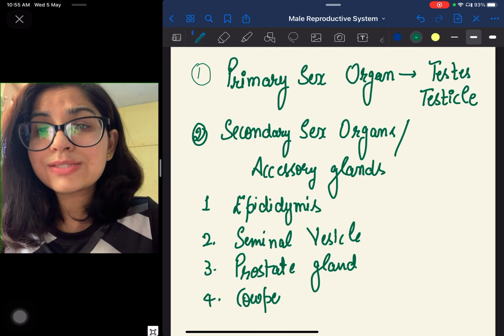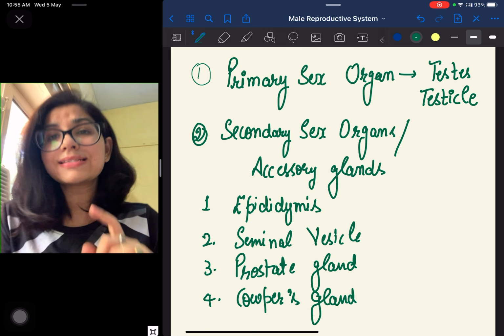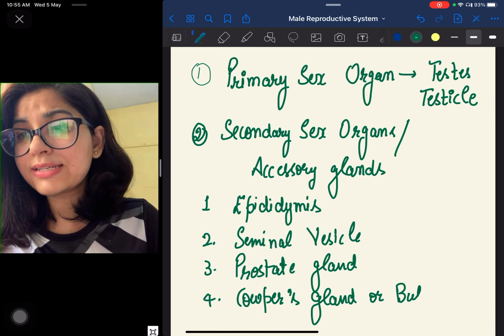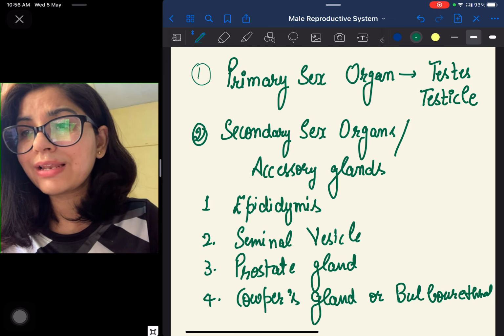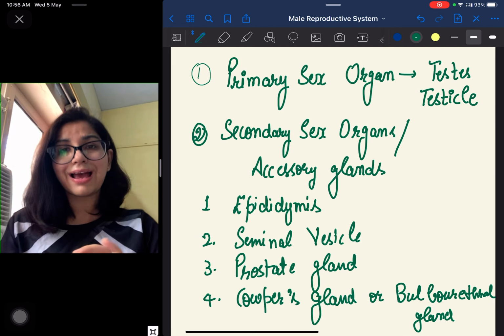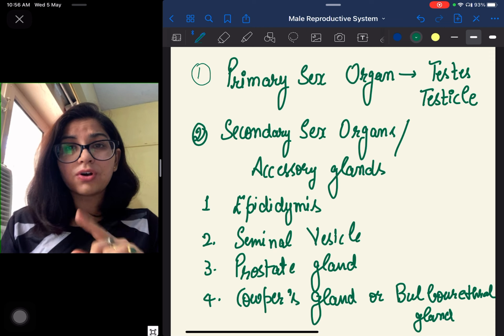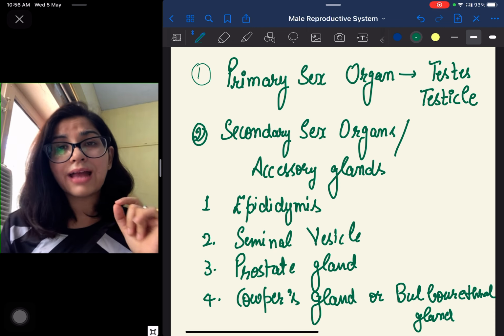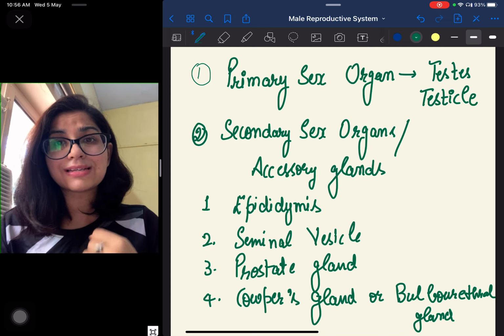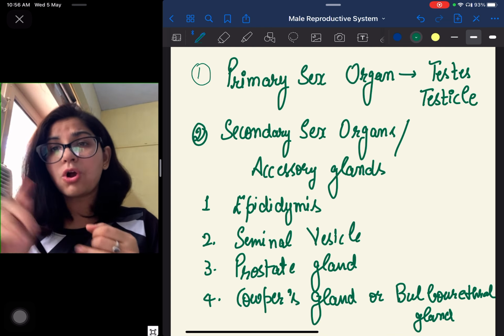And for 10th and 12th students, this gland has another name also which is given in your books, the bulbourethral gland, right? So you have to draw testes, you have to mark epididymis, and your diagram should have seminal vesicle, prostate gland and Cowper's gland.